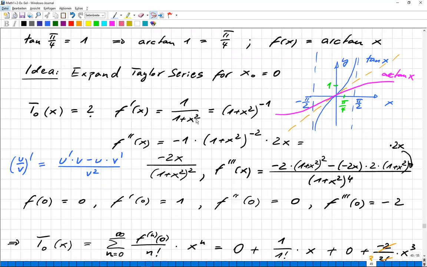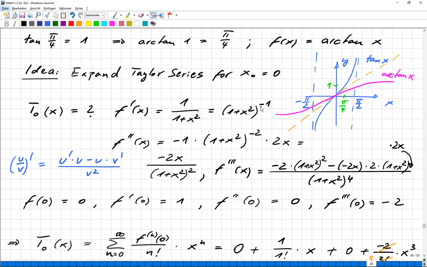Now, this can be taken into power notation. So it's the same as 1 plus x squared, to the power of -1.